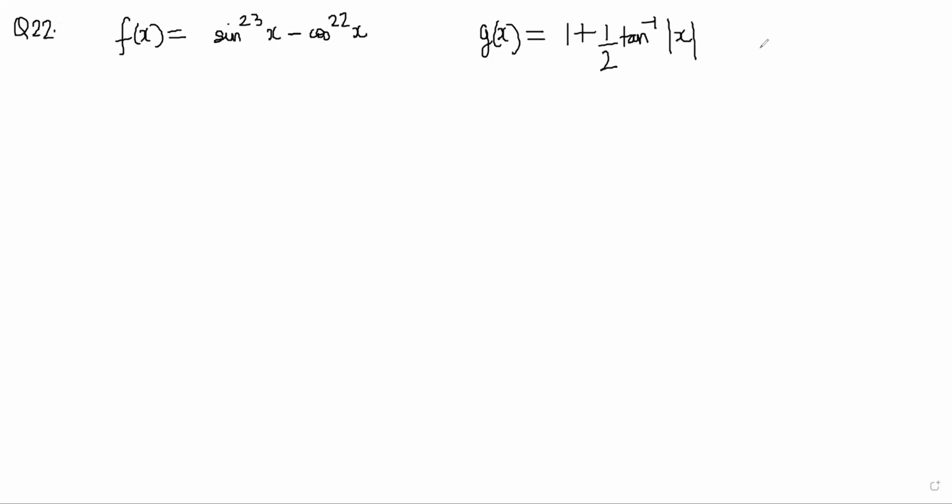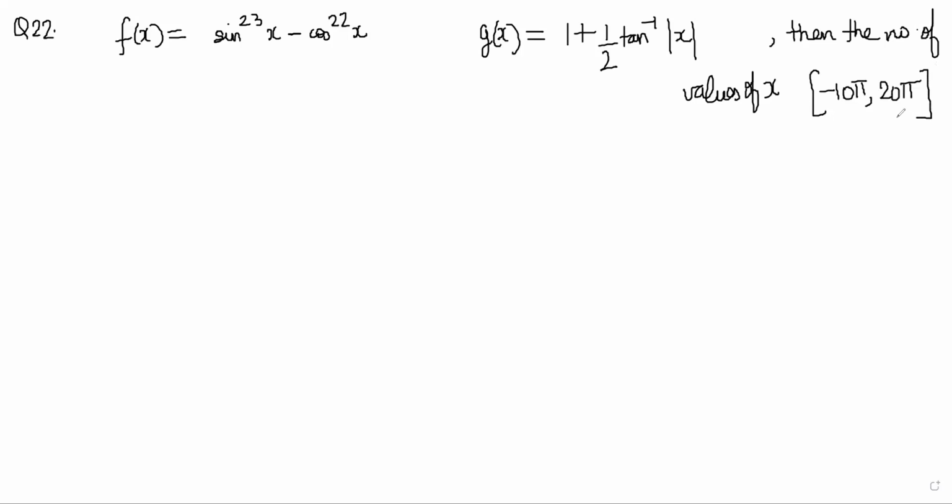Then the number of values of x in the interval minus 10 pi to 20 pi satisfying the equation f(x) is equal to signum function of g(x). You have to find how many such solutions there are, right? x has to be between minus 10 pi to 20 pi.